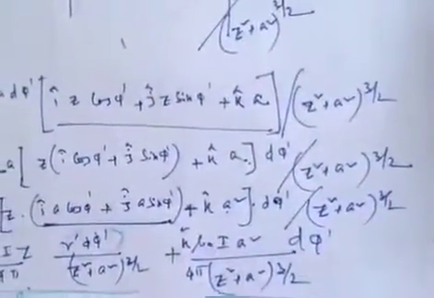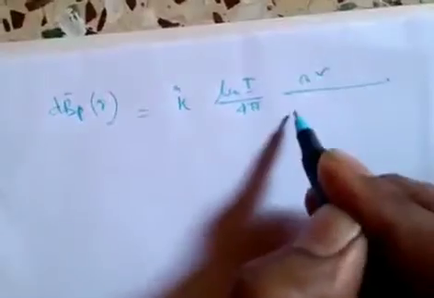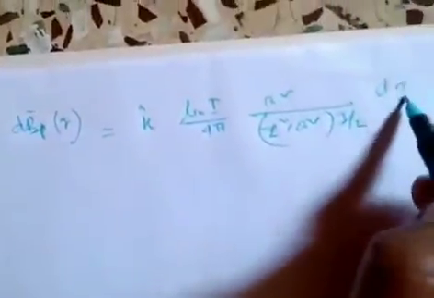So only this perpendicular component will sustain. Okay, so finally magnetic field looks like dBp at r is equal to k cap mu naught I by 4 pi times a square by z square plus a square whole to the power 3 by 2 into d phi prime.